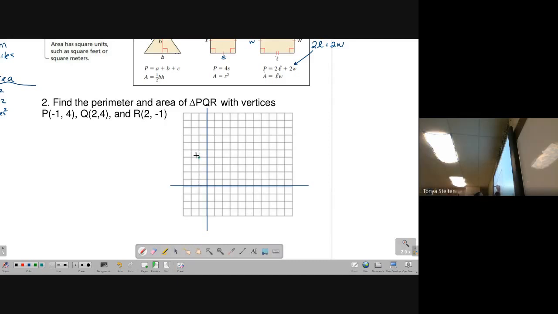All right, there's vertex P. There is Q, and there's R. So there is the triangle.